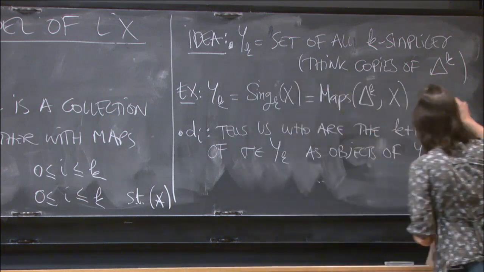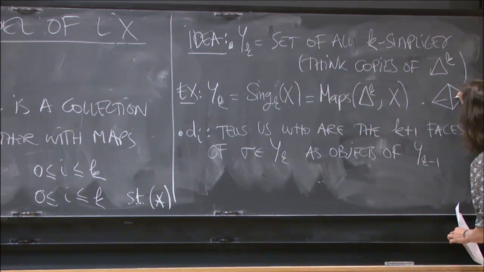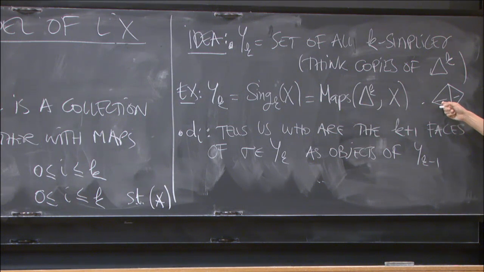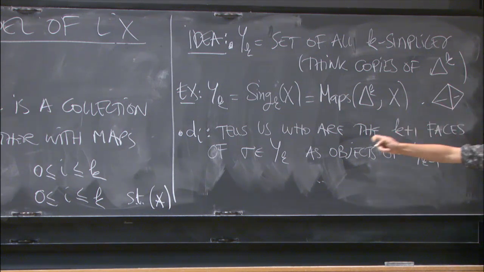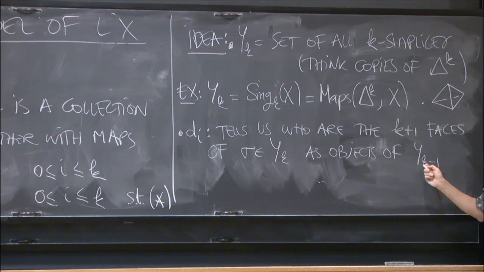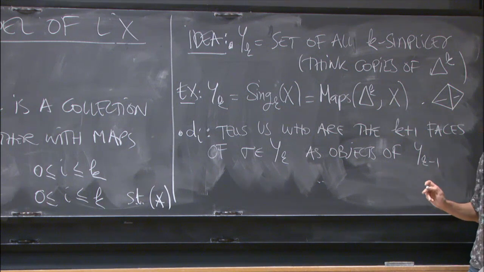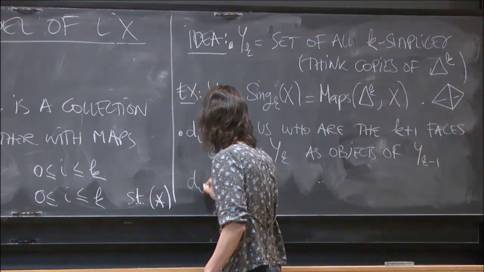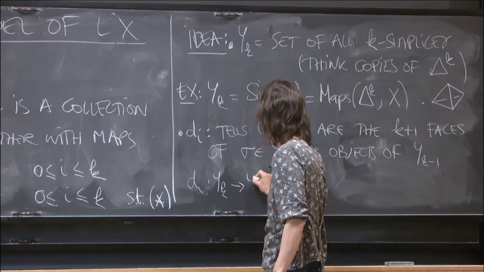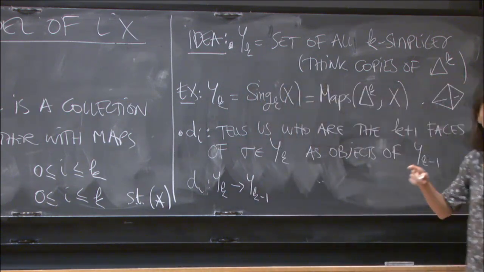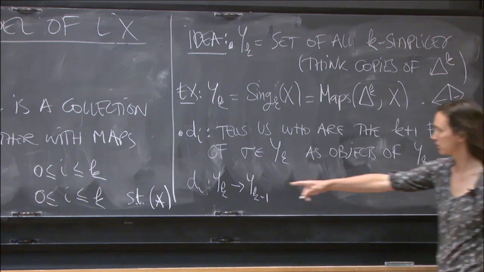Remember the k-simplex has k+1 faces. This is a 3-simplex. They are of dimension k minus 1, but there are k+1 of them. So if I think of my Y_k as a set of things like this, then it should have k+1 faces that are objects in the previous set, because these are lower dimensional. Should d_i tell us which one is the i-th of those? Yes. So d_i is a map from Y_k to Y_{k-1}, so I know exactly which one is which. I have k+1 such maps.